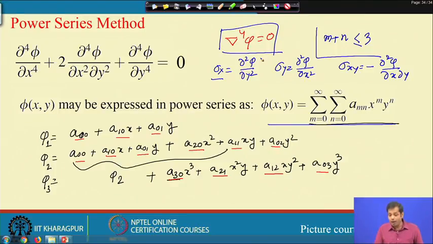Okay. Now, if you assume phi as, say, a cubic polynomial, the compatibility condition del 4 phi is 0 anyway, it is satisfied, and then the unknowns associated with that cubic polynomial need to be determined by the boundary conditions, and then you have an expression for phi.